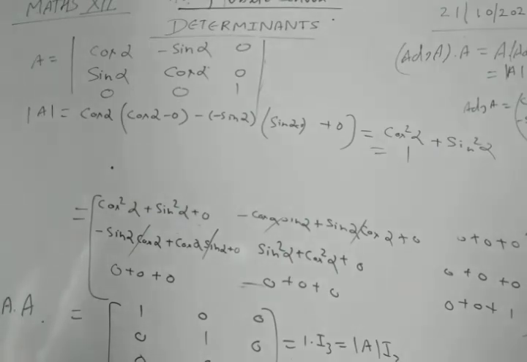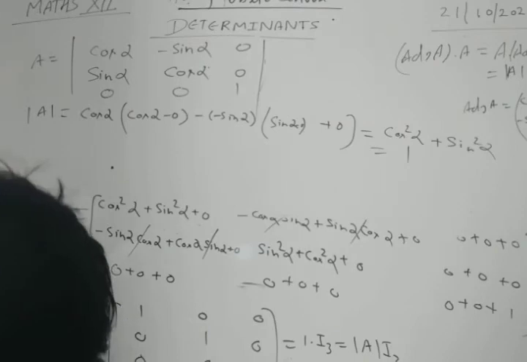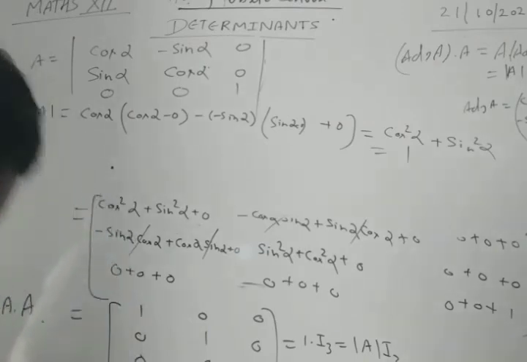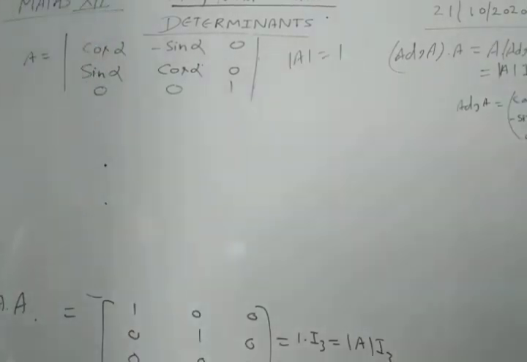Now we will take the next, A into adjoint of A. We will see the second part.